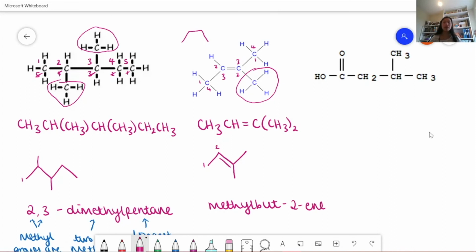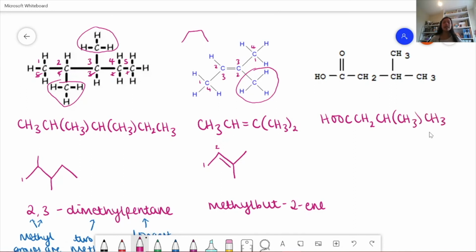Now moving on to the third molecule, this is a carboxylic acid, and the structural formula for this would be HOOC. So I'm reading it from left to right again, and then we have a CH2, and then a CH, and we have a methyl group attached to that, and then a CH3.